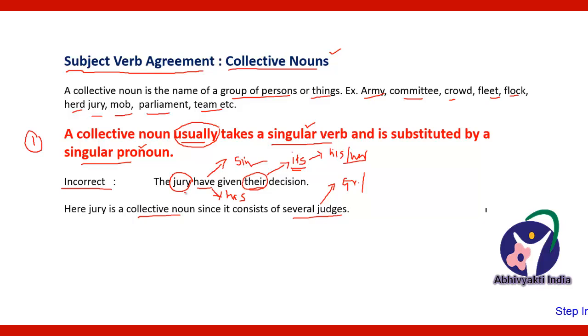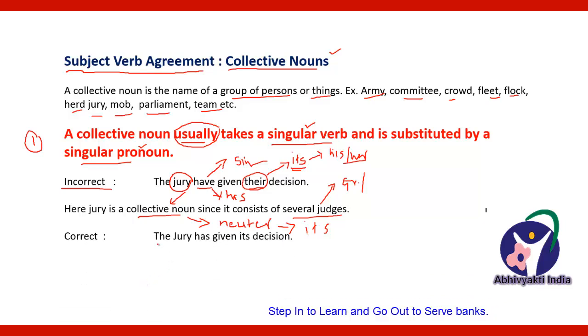Friends, since jury is a collective noun, it is always neuter gender, and neuter gender doesn't take the pronoun his or her, and therefore jury is substituted by its. So the correct will be: the jury has given its decision.